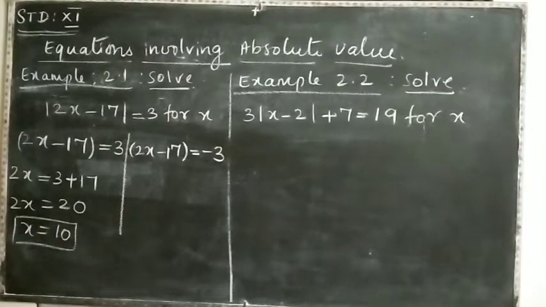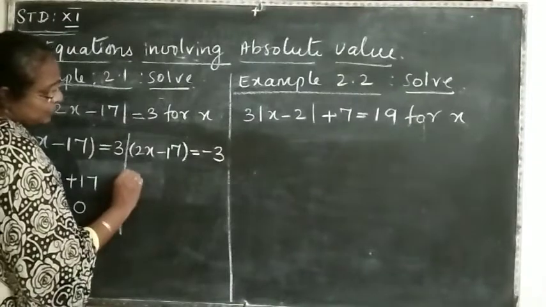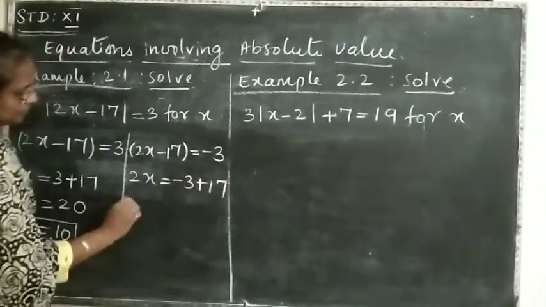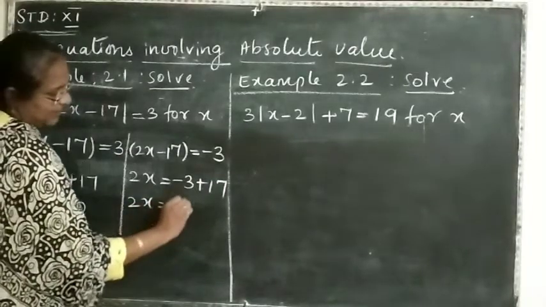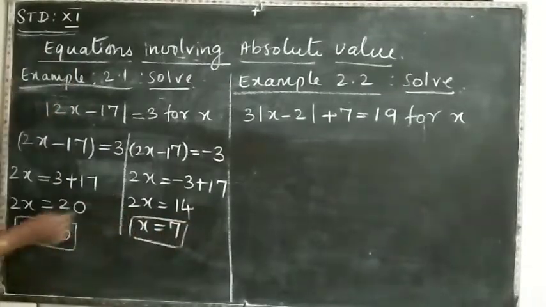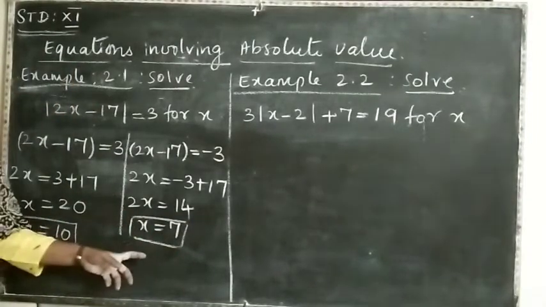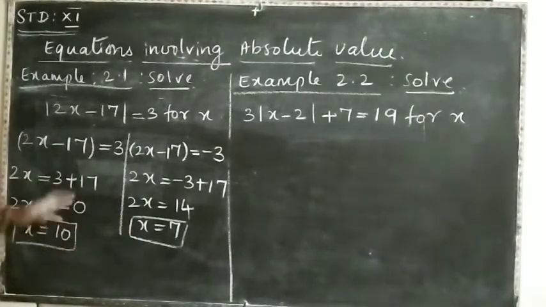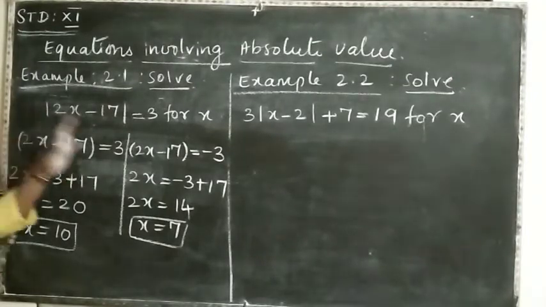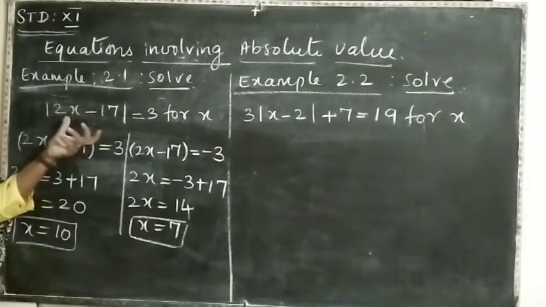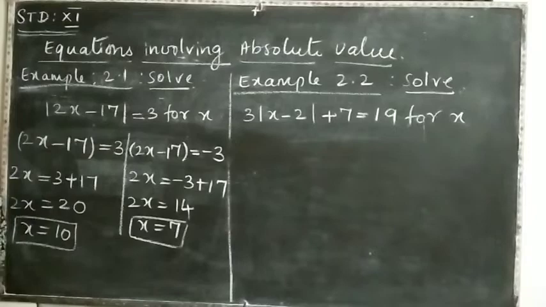Then the next one, 2x is equal to minus 3 plus 17, so 2x is equal to plus 14. 14 divided by 2, what do we get? x is equal to 7. So this is how we have solved the equation which involves the absolute value. Very strongly we have to concentrate only on the property. You just observe the given question, which property applies, and then proceed.